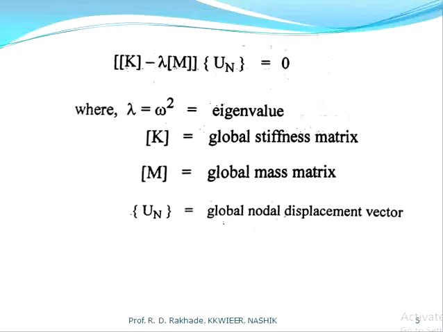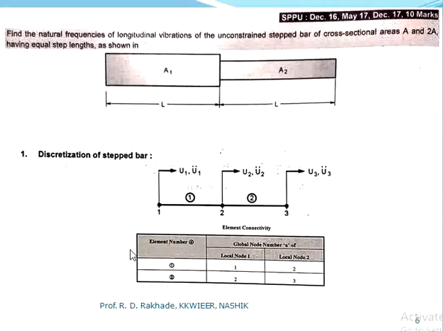We know how to calculate the global stiffness matrix for a bar, then displacement. So the additional terms are lambda and the global mass matrix. So we will solve this problem step by step. First step, that is discretization of the step bar.